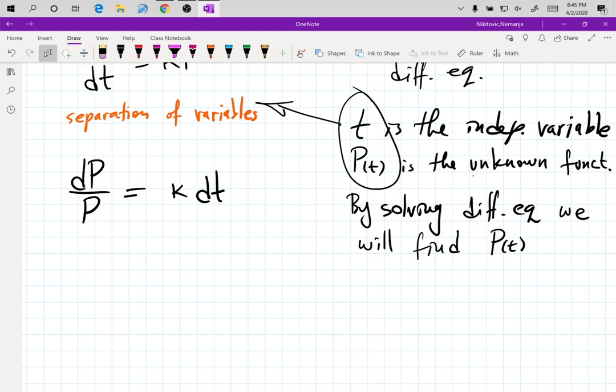All right. So now we integrate both sides. So we separated variables, and then we just do the integration. This is now simple. We have ln of p is equal to kt plus c.